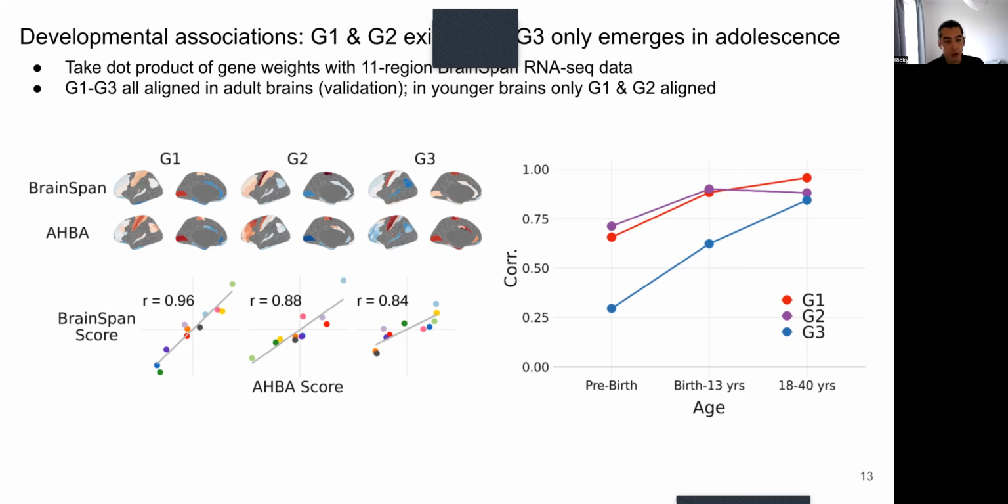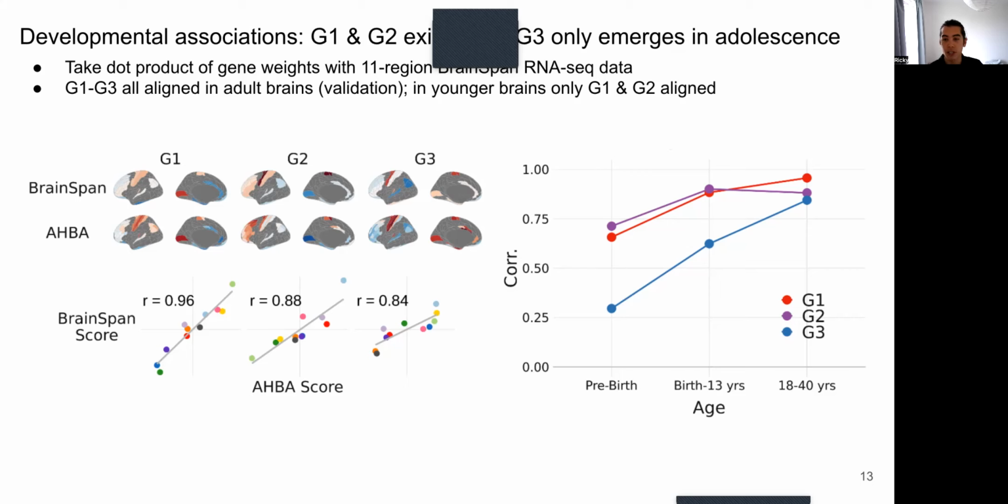But then we can look back in time at the pre-adolescent and prenatal brains. Here we see that G1 and G2 were fairly consistent, even prenatally, but G3 seems to only emerge after adolescence, which aligns with the idea of it being an immune-related gradient, because the immune system changes so much in adolescent development.